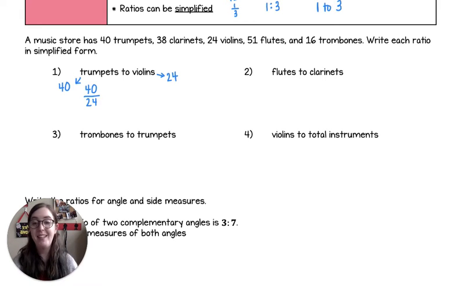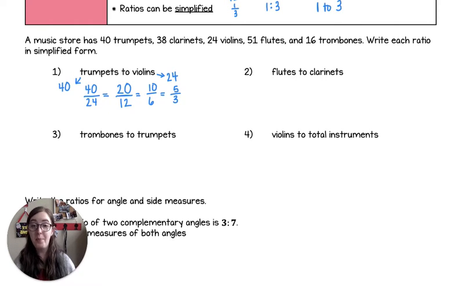So you might recognize that both 40 and 24 are even, so I'll divide by 2. So now I have 20 over 12. Those are still even, so now I can divide by 2 again. So now I have 10 over 6. They're still even, so I can divide by 2 again, and I end up with 5/3.